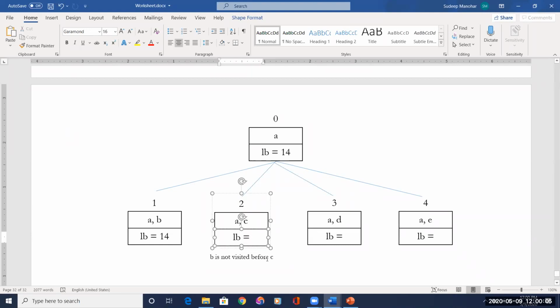No calculation of lower bound for this node. Okay, we move to the next one.